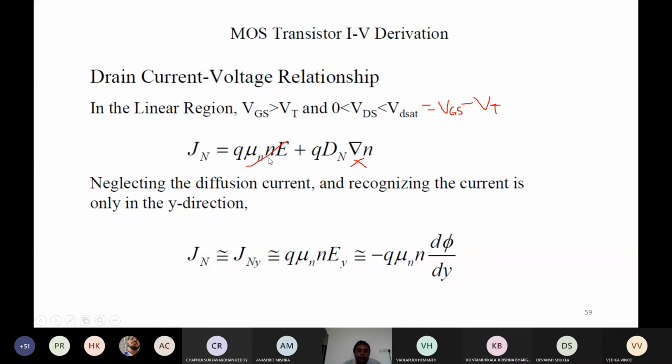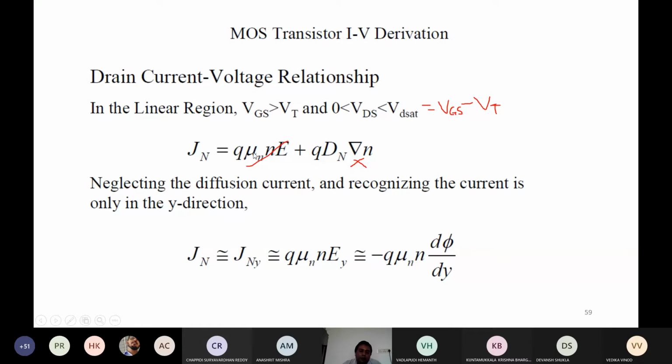Drift current is q mu n E. n is the electron density, E is the electric field along the direction of the flow of current, and mu n is the electron mobility, but here the average mobility should be taken, also after integrating nxy we will get the n value.